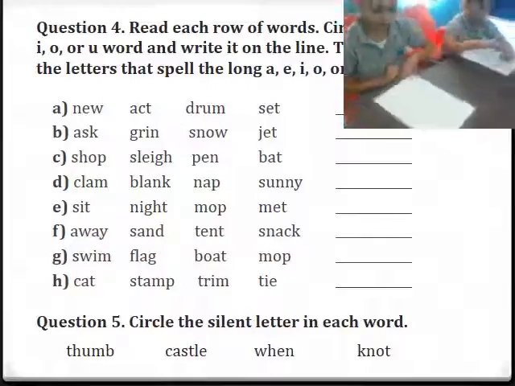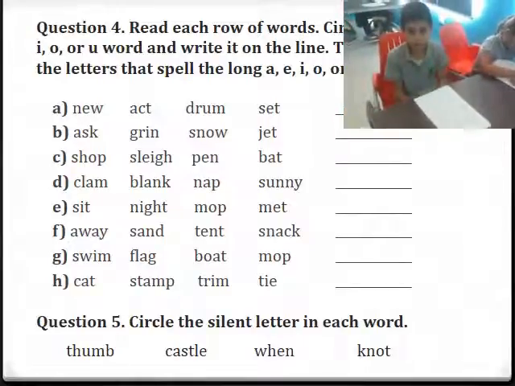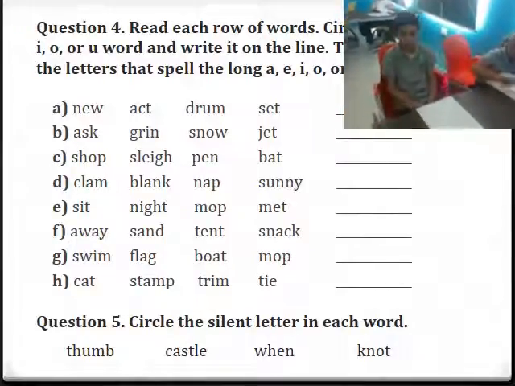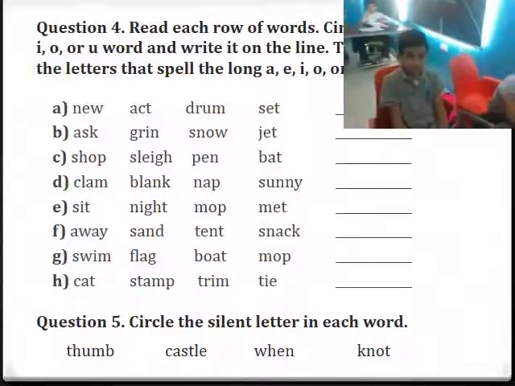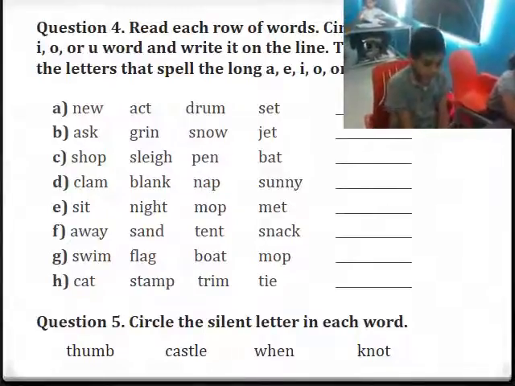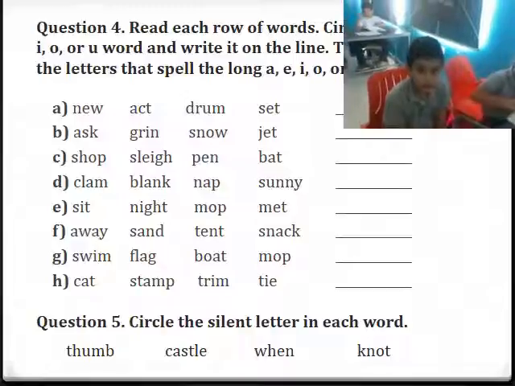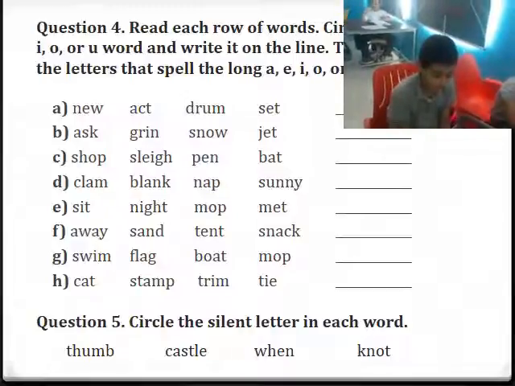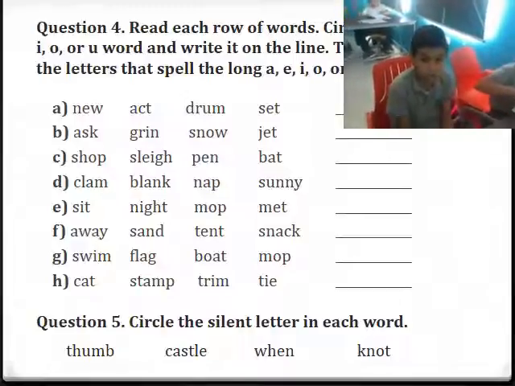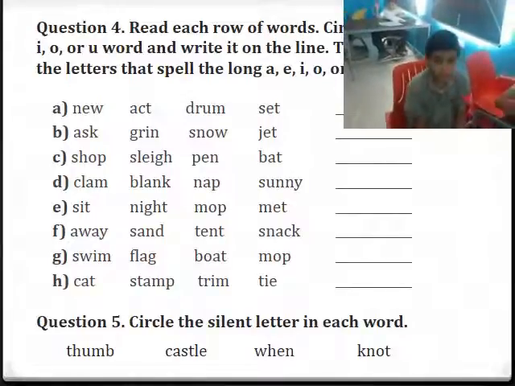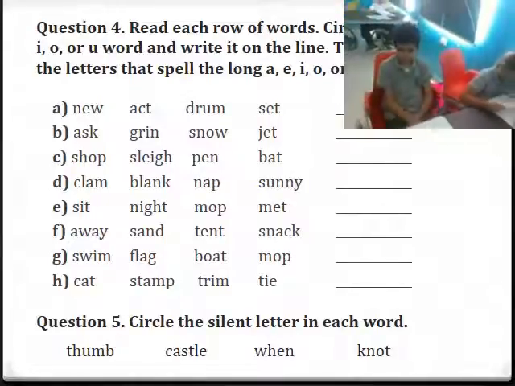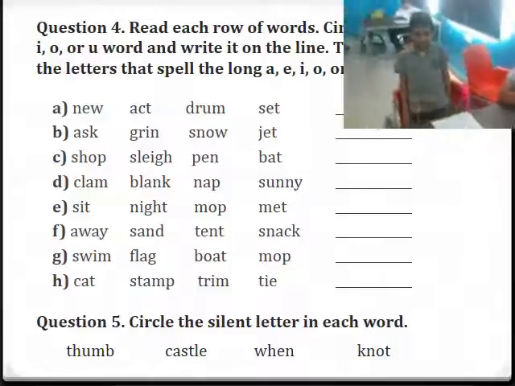Okay. So when we read each row of words, we're going to circle the word that has which sound? When you hear A, or E, I, O, or U. So when you hear any of these sounds, you can circle the word. Okay, let's start with the first row of words.